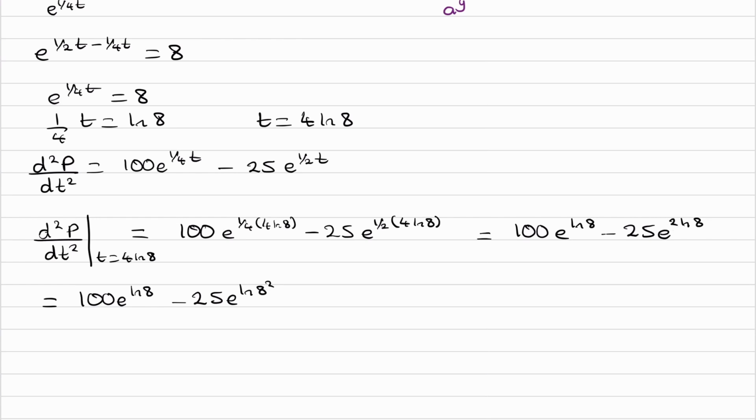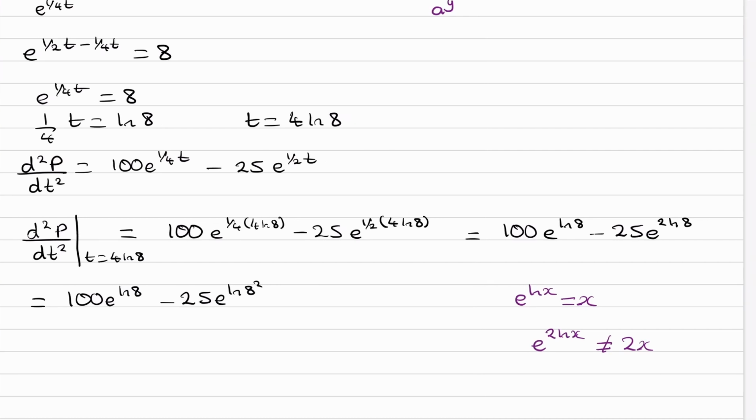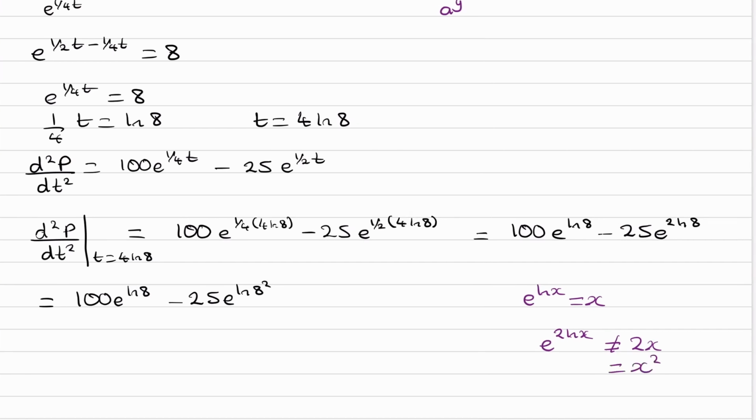The rule is that it has to be e to the power of ln x is equal to x. If there's some kind of number in front, like 2, let's say, then this isn't the same thing as 2x. It would in fact be x squared, because e to the power of 2 ln x is the same thing as e to the ln x squared. And then the e and the ln cancel and you're left with this.